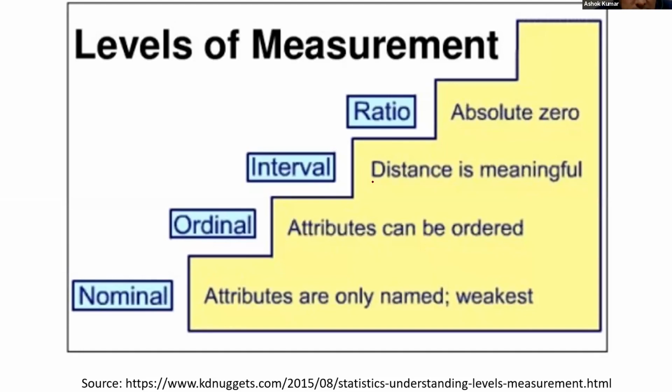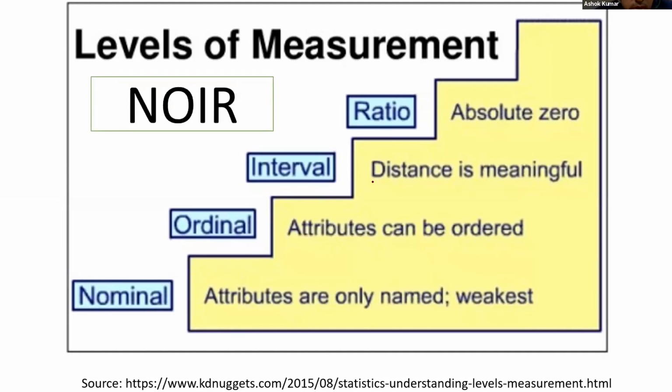The short form, the mnemonic, is NOIR. When we talk about nominal, attributes are only named; this is the weakest. When we talk about ordinal, attributes can be ordered, the data variable can be ordered. But with nominal, we cannot order.